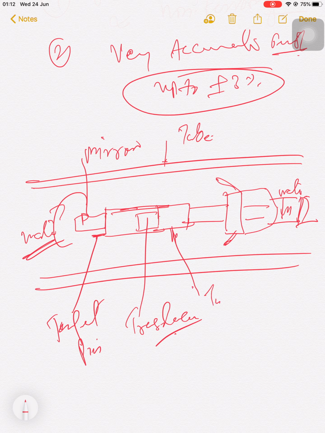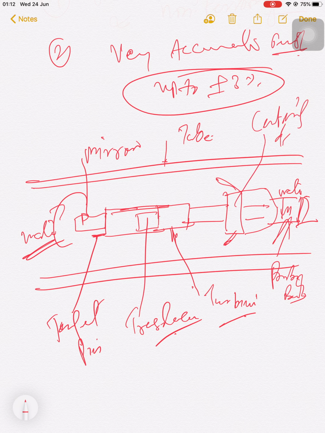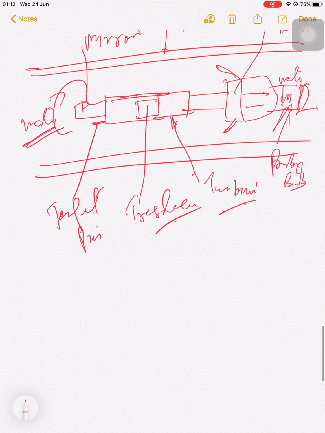This is known as the turbine, this is the probe body and water, and this is the centering device.